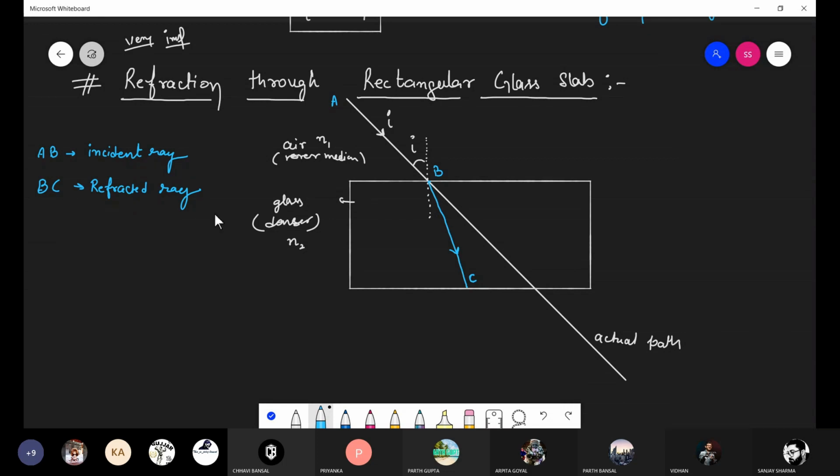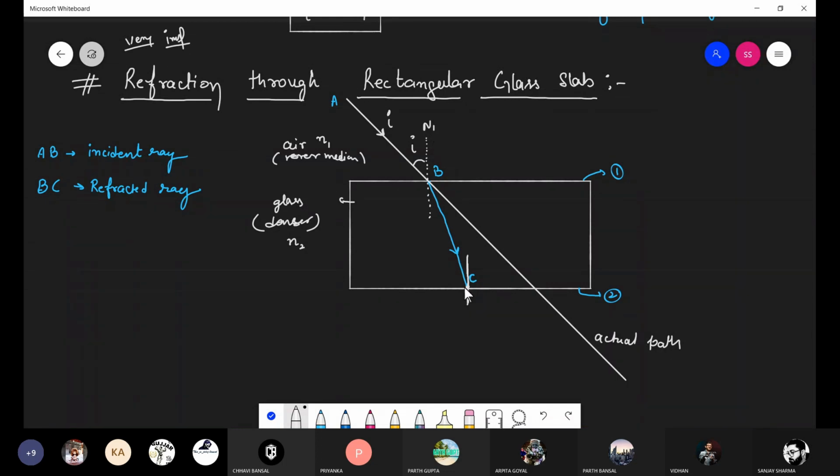After the second interface, this is the first boundary and this is the second boundary of the glass. Now this is the second point of incidence. Draw the normal at the second point of incidence.